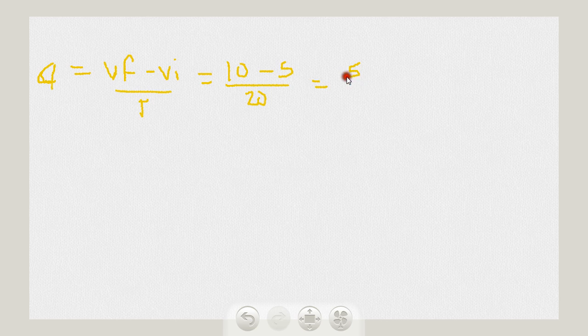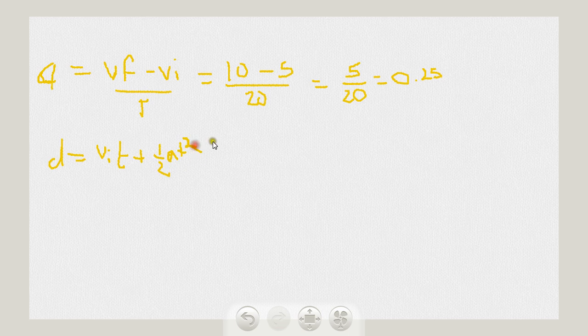That's equal to 5 over 20, that's equal to 0.25. Now we're going to do it with the formula d is equal to initial velocity multiplied by time plus a half of a t squared.